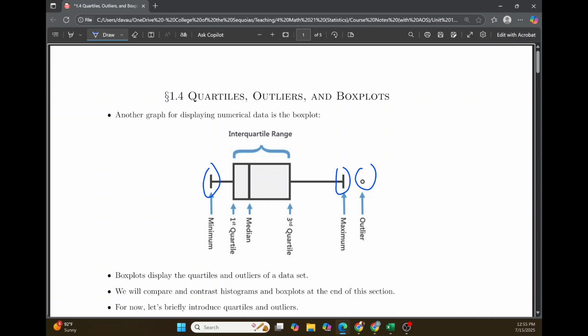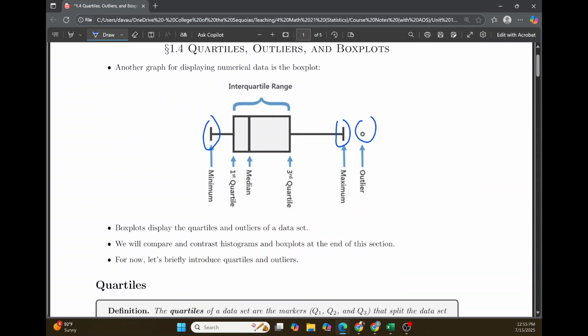Now we haven't talked about quartiles yet, and so that's the first order of business. We're going to begin by talking about what quartiles are, what outliers are, and then we can come back to boxplots and talk about what boxplots do for us visually.